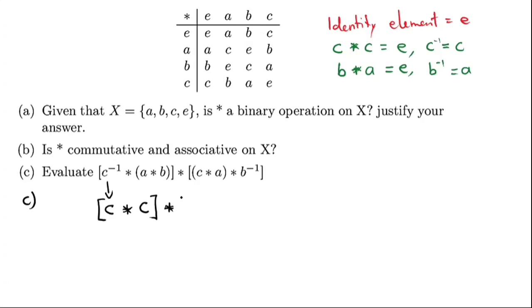Star. This bracket, so this C coming from these two. What is C star A? So we go to C, then we go to A. What do we obtain? We obtain B. So this gives us B. So B star B inverse. Now remember, B inverse is A.